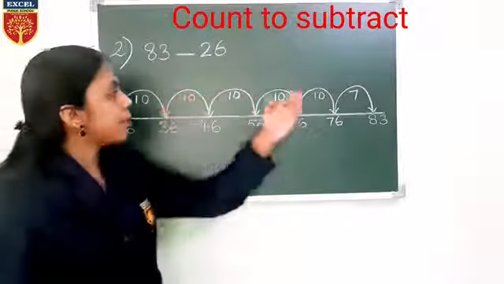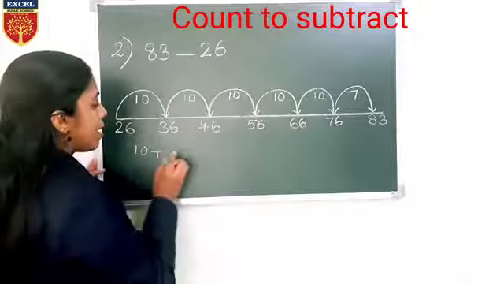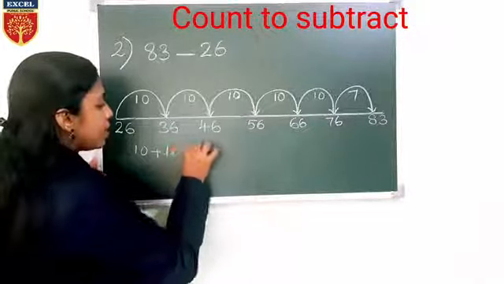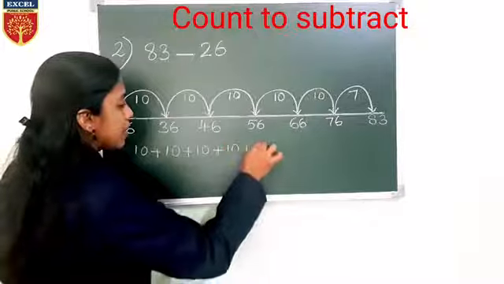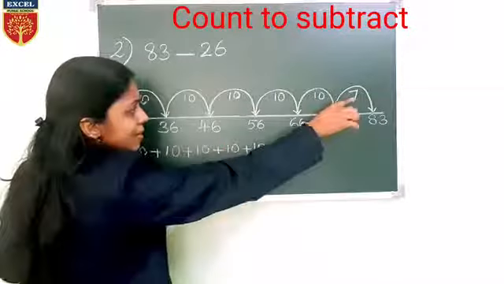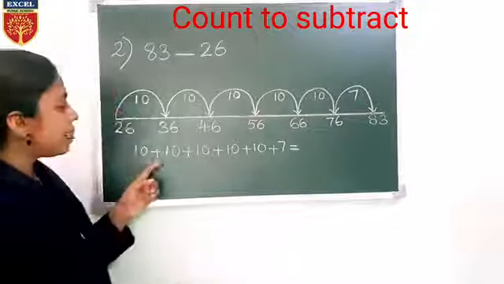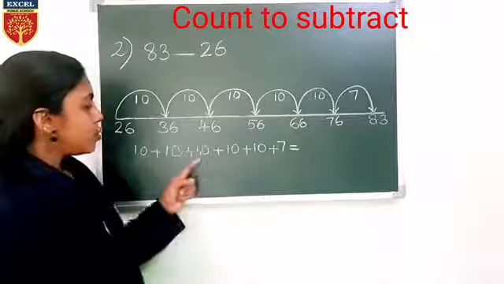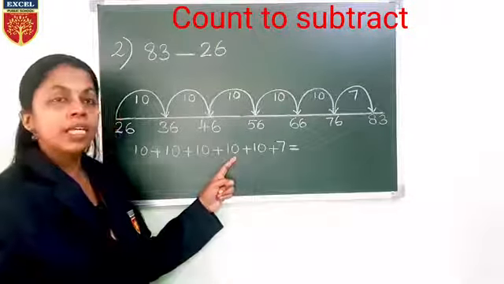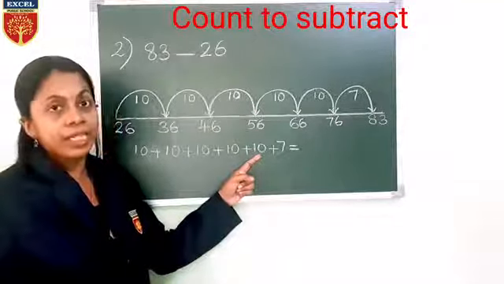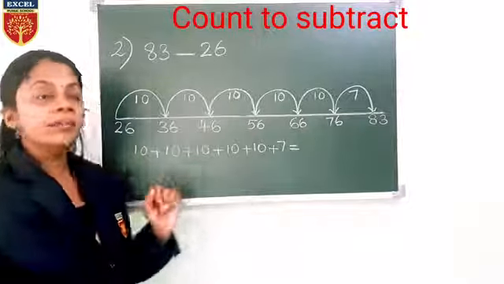Add all these numbers. How many 10s are here? 5. So 10 plus 10 plus 10 plus 10 plus 7 is equal to: 10 plus 10, 20. 20 plus 10, 30. 30 plus 10, 40. 40 plus 10, 50. 50 plus 7, 57.